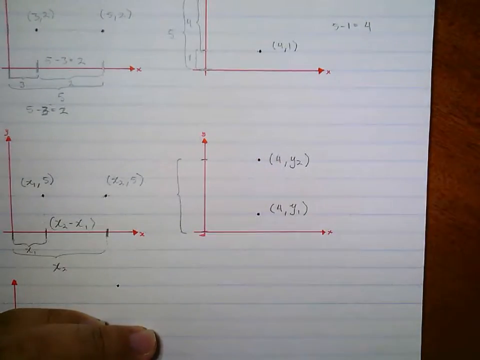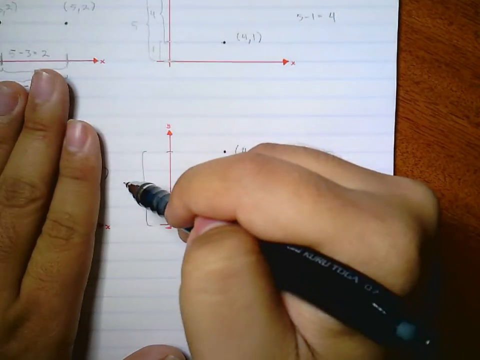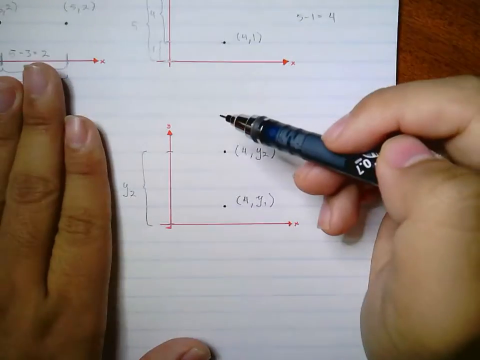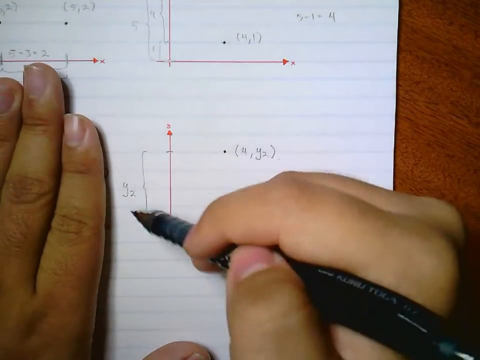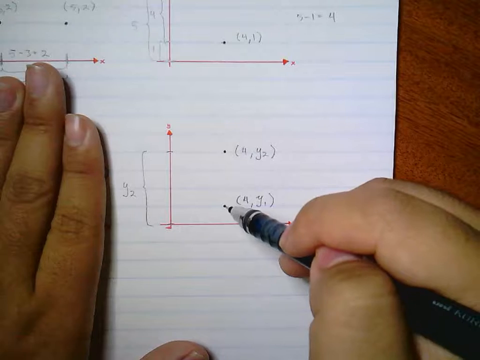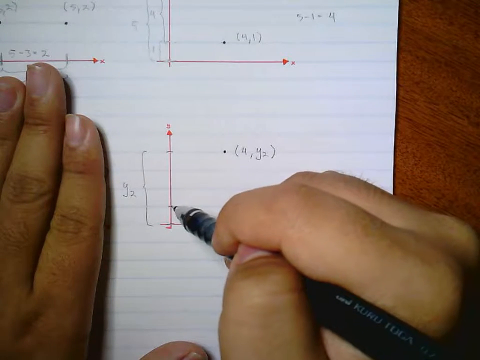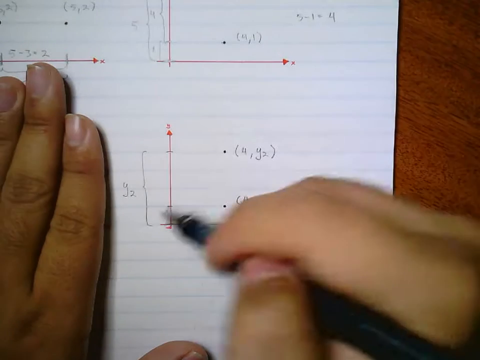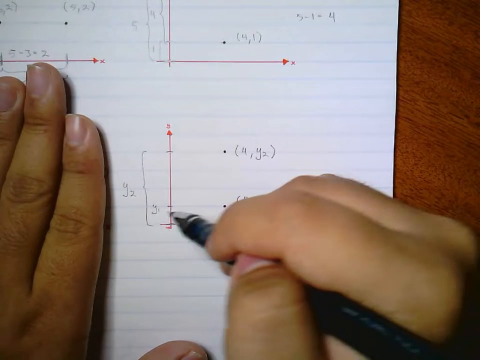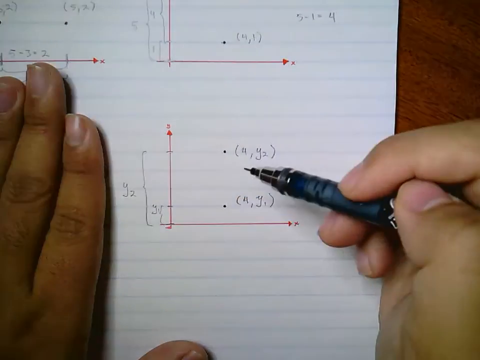Wouldn't that be y2 distance? So whatever number that is, it's y2. Same thing from 0 to this point here of y1. Isn't that y1 length?